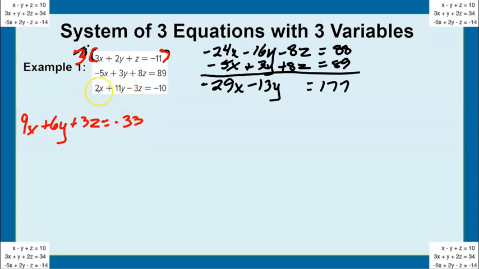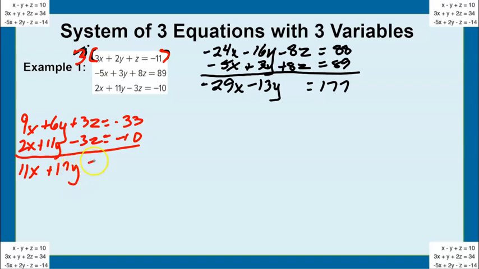And then I'm going to put down the third one underneath it, which is a 2x plus 11y minus 3z equals a negative 10. And then when I combine like terms, I have 11x plus 17y equals a negative 43.